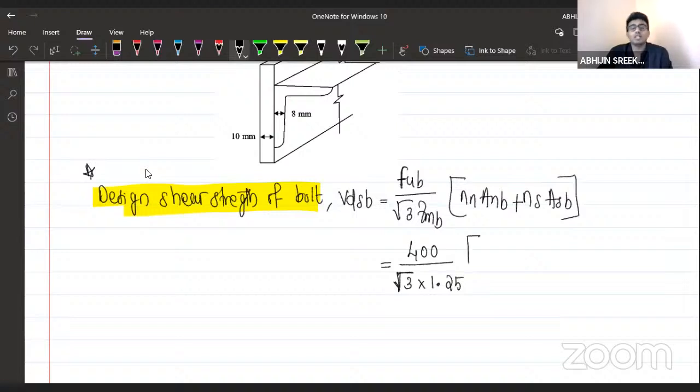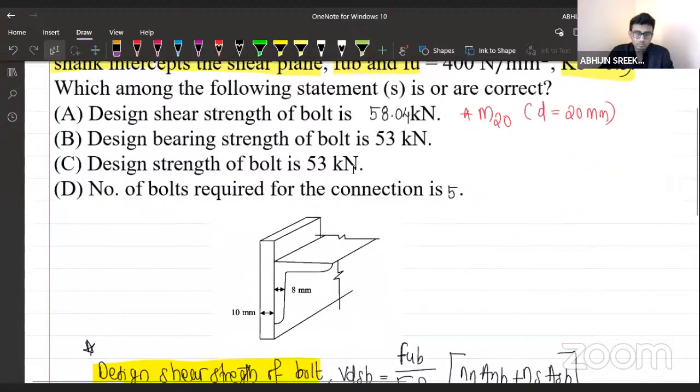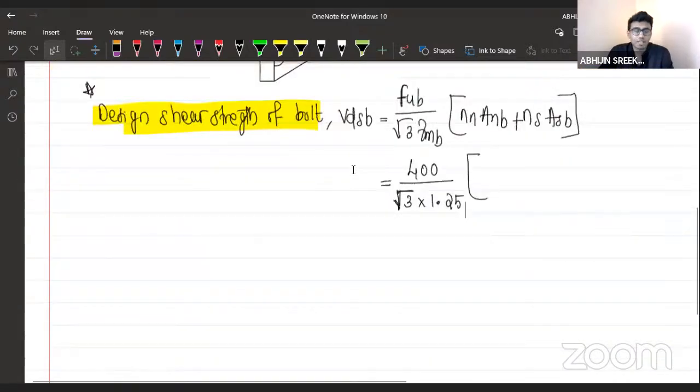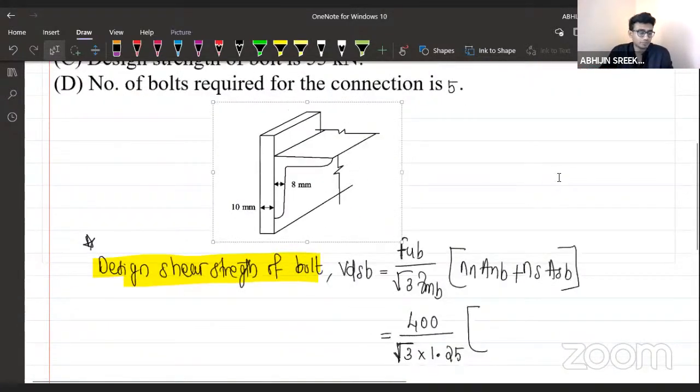And what is this Nn value? Anyone? Here in this equation, what is the Nn value?